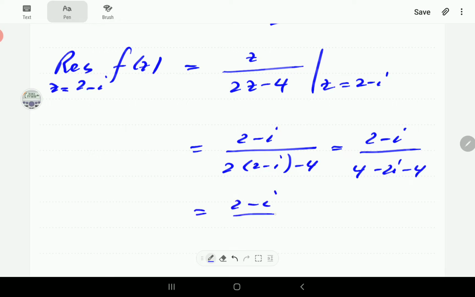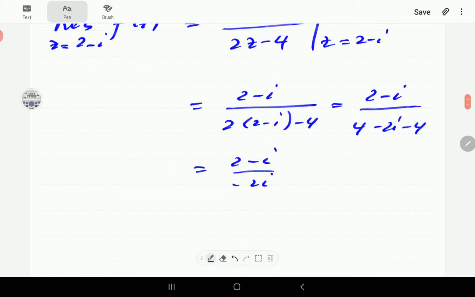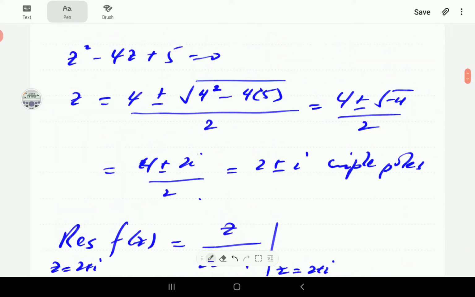So this time we've got 2 minus i over negative 2i. So this is going to be 2 over negative 2i plus i over 2i. It's going to be 1/2 plus i. So that's going to be the residue at the point 2 minus i. So that's that for part A.